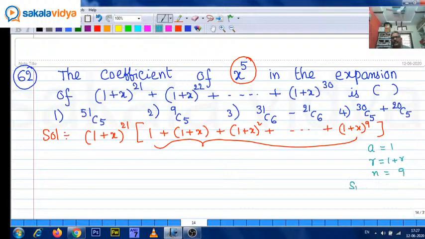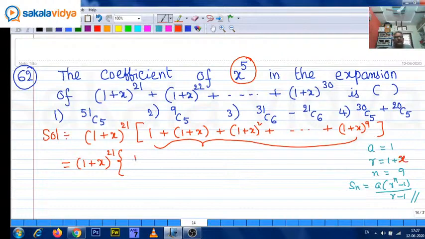Sn formula: Sn is equal to a into (r to the power of n minus 1) by (r minus 1). This is the sum to n terms of a geometric progression. We need to apply it. So now this can be rewritten as (1 plus x) to the power of 21 multiplied with a, which is 1, and r is 1 plus x.